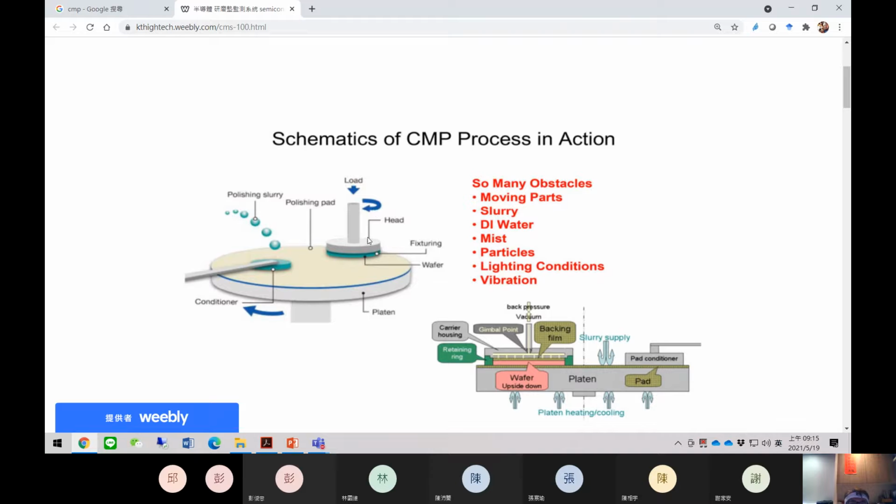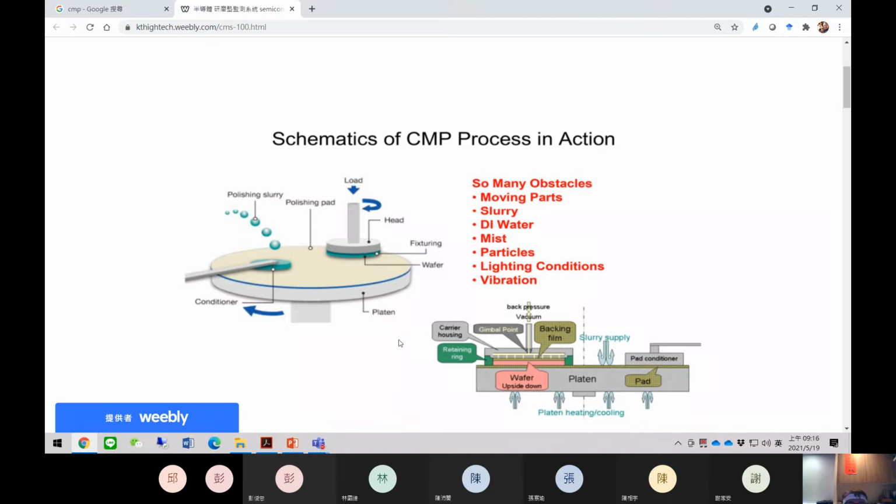The table and spindle rotate in the same direction. In the meantime, it is also equipped with a polish slurry, a really sticky liquid on the surface, and also a conditioner, which tries to fine tune the abrasiveness of the surface of the table.